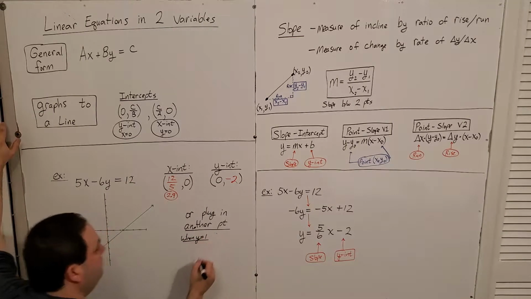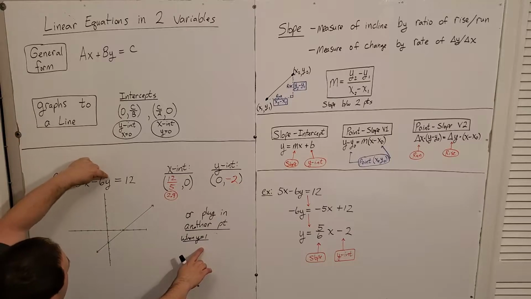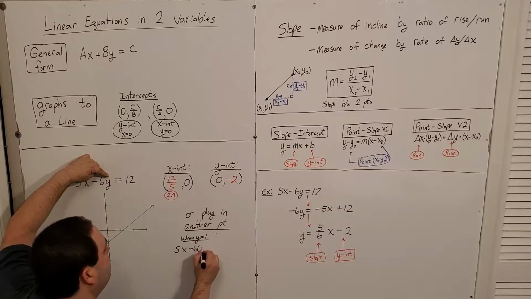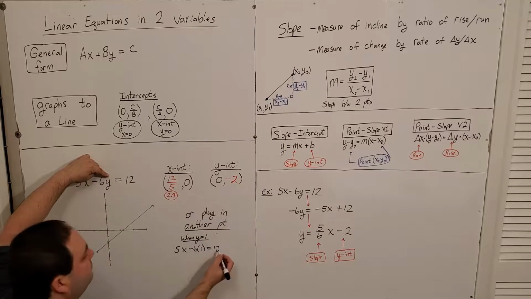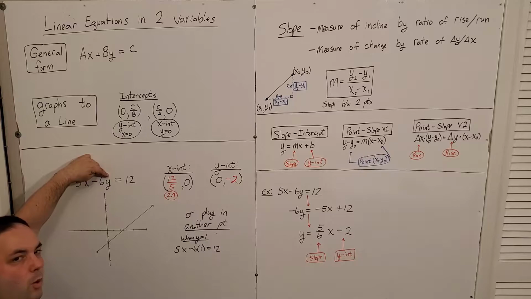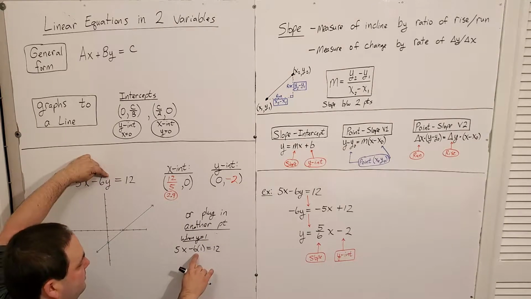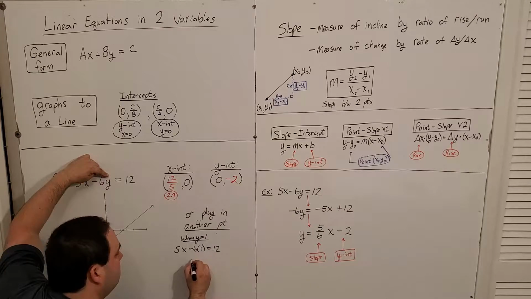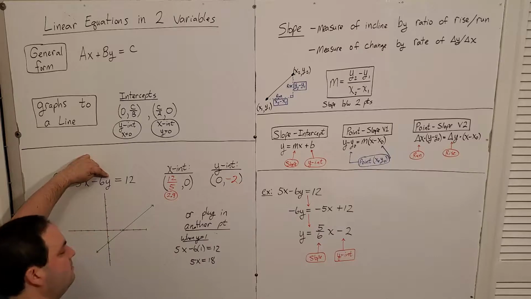When y equals 1, then you just plug in your value. 5x minus 6 times 1 equals 12. And then you just got a linear equation to solve, right? This is just 6, so I would add 6 to both sides. 5x would then be equal to 18.